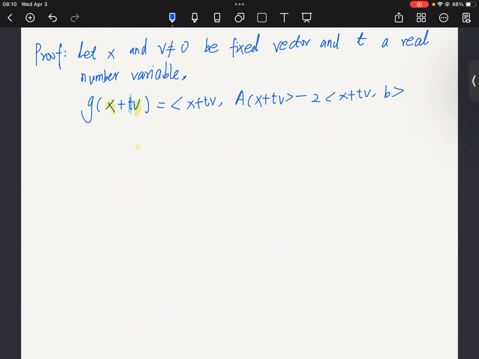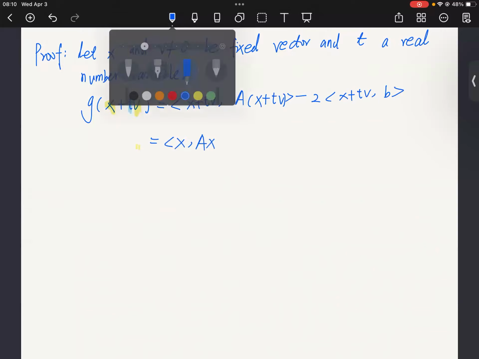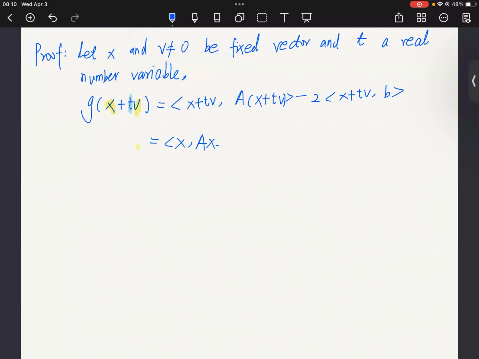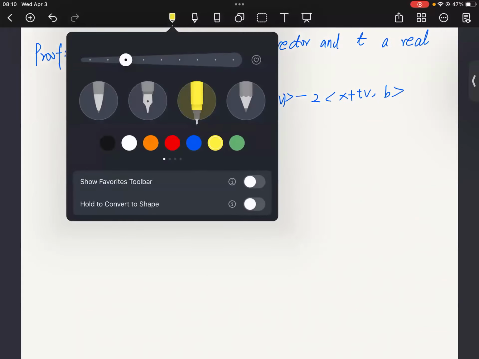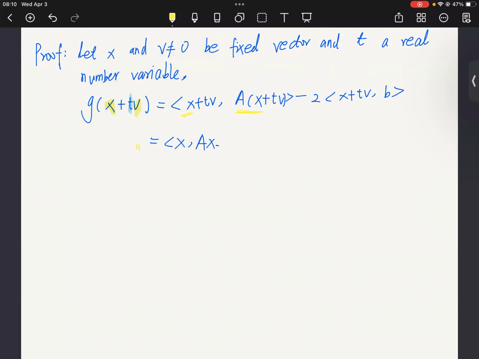Doing the expansion here, we have Ax. I'm going to multiply this out. So this one is just x multiplied with Ax.